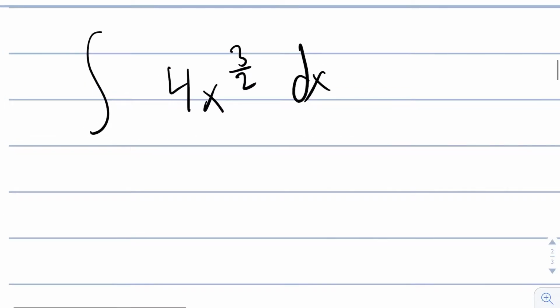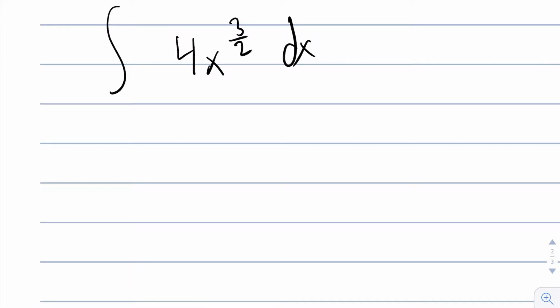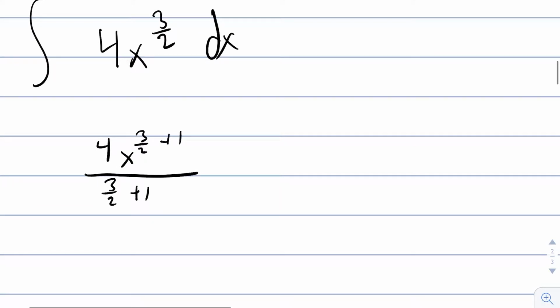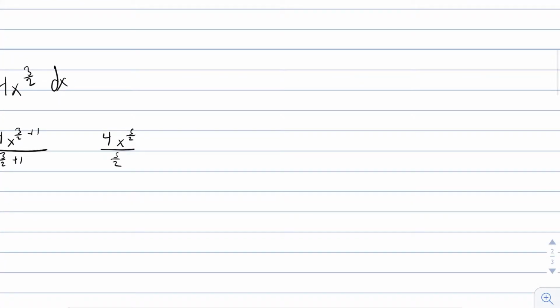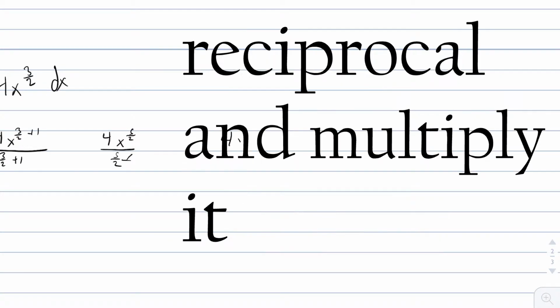And now, what happens if we got a fraction? Well, it gets a little tougher. Not too much. And we got a multiple up front too, so it's going to be fun. So let's just do 4x to the 3 halves plus 1 over 3 halves plus 1. We can simplify this: 4x to the 5 halves over 5 halves. And you're probably thinking, well, that doesn't look quite right. You got a fraction on the bottom, so how do we deal with this? Well, you should have been taught that when you go to divide by a fraction, you take the reciprocal and multiply.